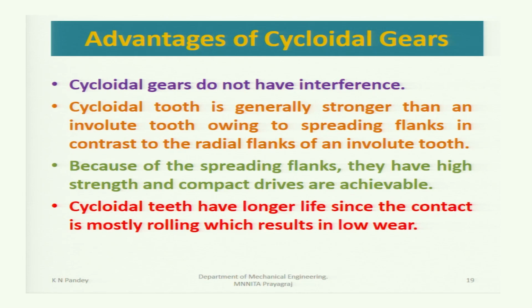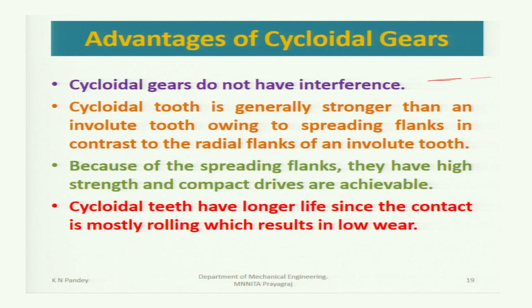Cycloidal tooth is generally stronger than an involute tooth owing to spreading flanks in contrast to the radial flanks of an involute tooth profile. At the base you will get more material in comparison to the involute tooth profile.